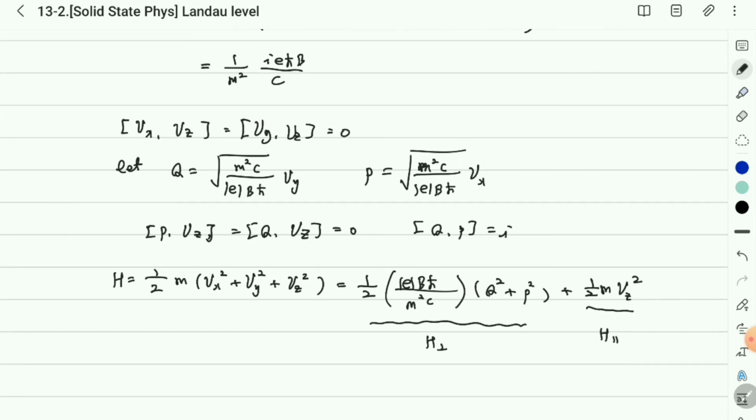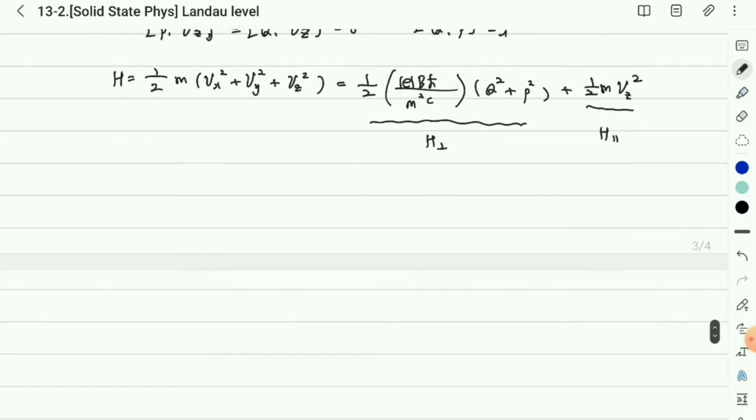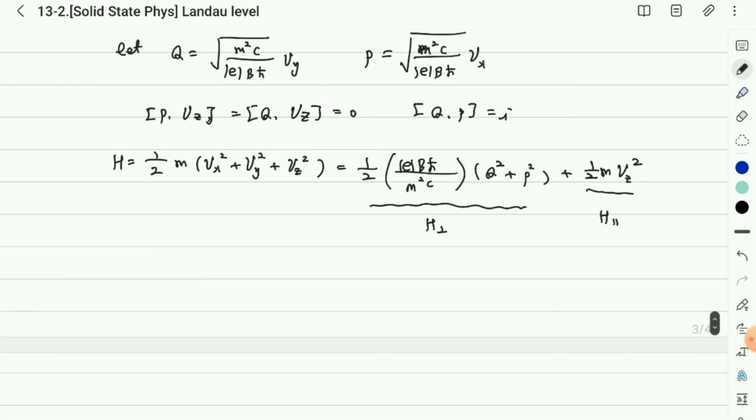And when you see this solution, it is the harmonic oscillator. When we define the creation and annihilation operators, A is 1 over square root of 2 times (Q plus iP), and A dagger is 1 over square root of 2 times (Q minus iP).